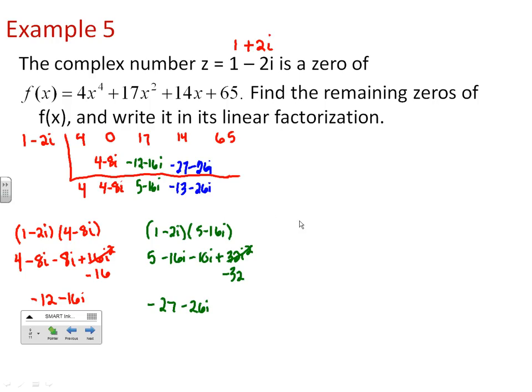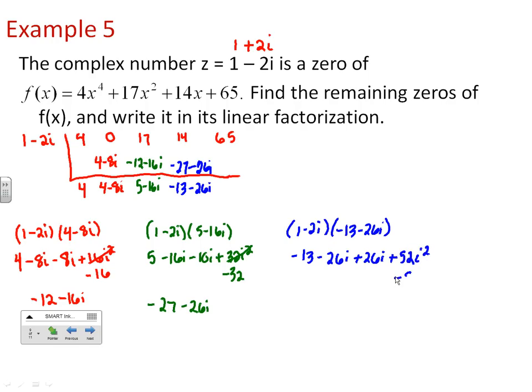One more time foiling. 1 minus 2i times negative 13 minus 26i. So negative 13 is my first, outer is negative 26i, inner is positive 26i, and last is plus 52i squared.